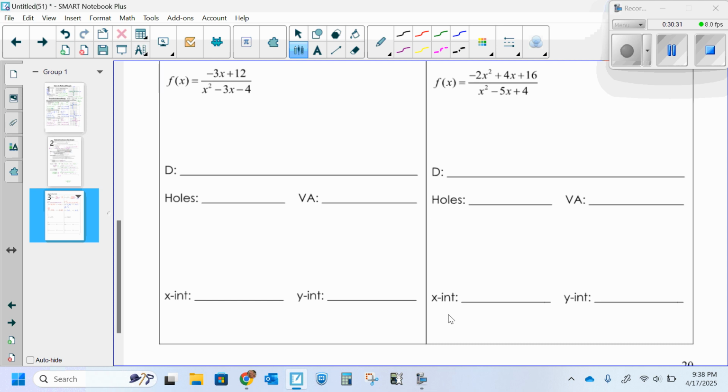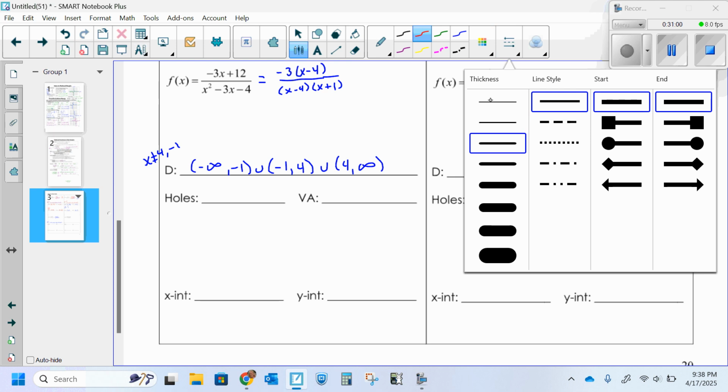All right, some more factoring. Let's take out a negative 3 here, and we get x minus 4. All right, and then we're going to cancel.